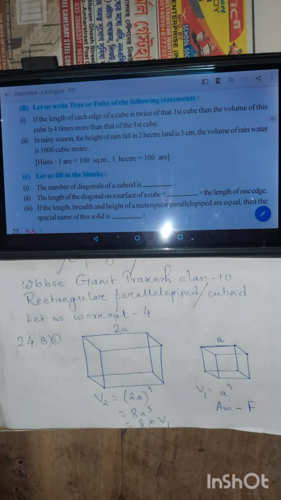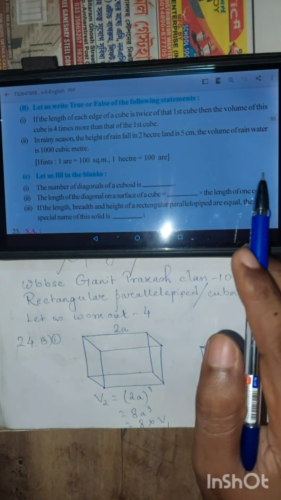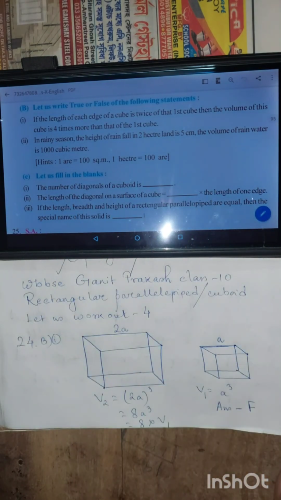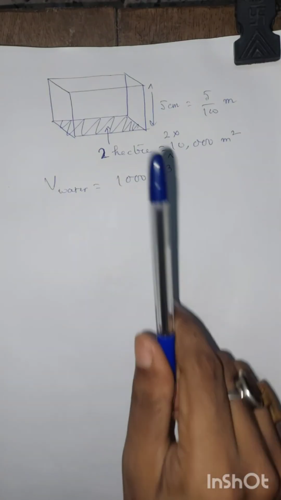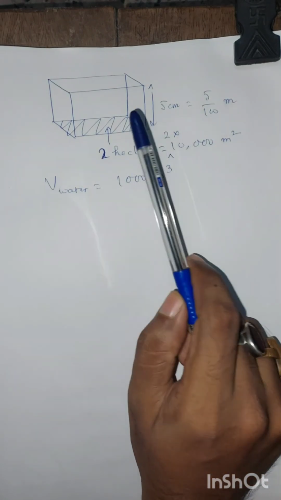Now question 2. In rainy season, the height of rainfall in 2 hectare land is 5 centimeter. Then the volume of rainwater is 1000 cubic meter. So this is our question.